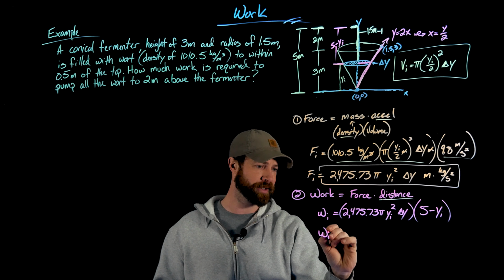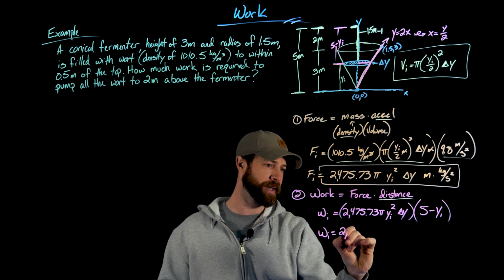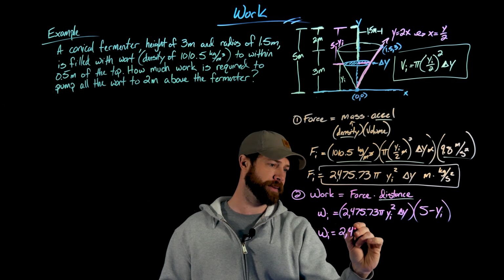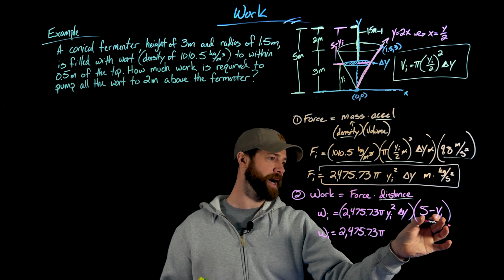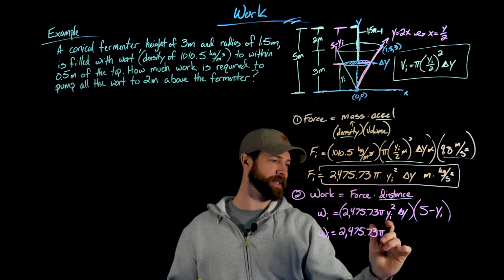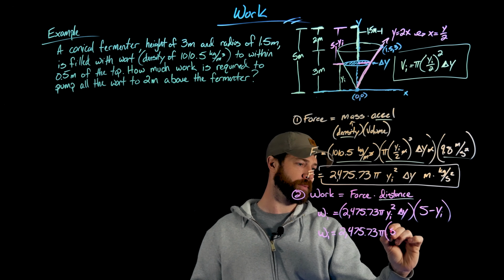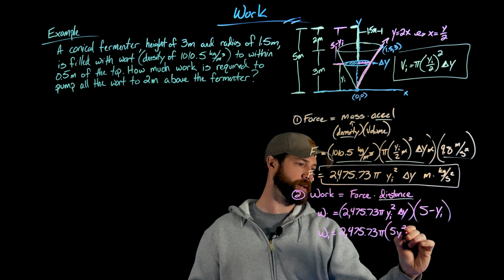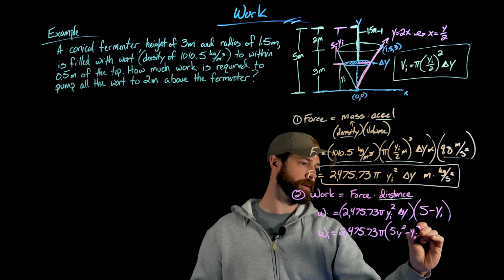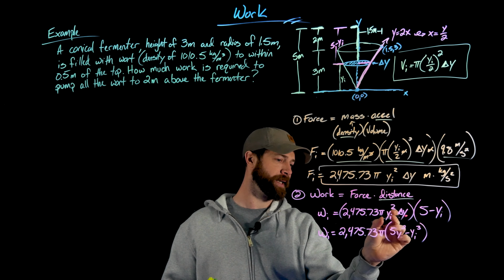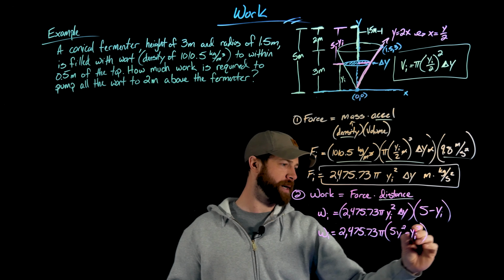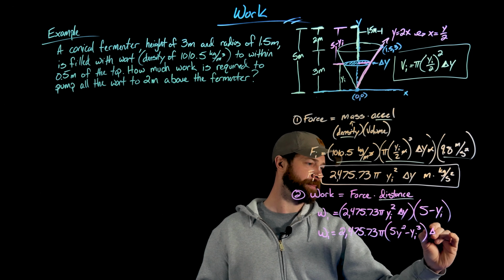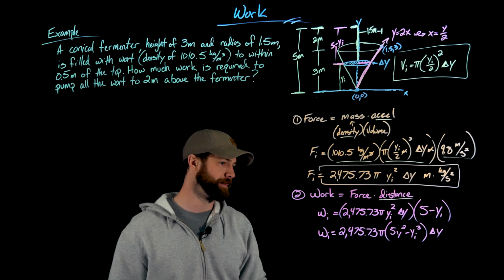I'm almost ready to integrate, so I'm just going to combine some stuff to make my life a little bit easier. Let's distribute this 5 minus yi into this right here. And so I'll write it like this: 5y squared minus yi cubed. So I'm multiplying that in here. I have pulled this constant out because we're going to be doing integration, and that constant will come out. And then I'll put this delta y right here on the outside.